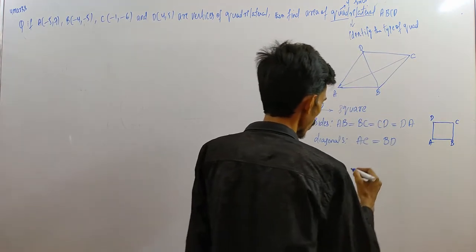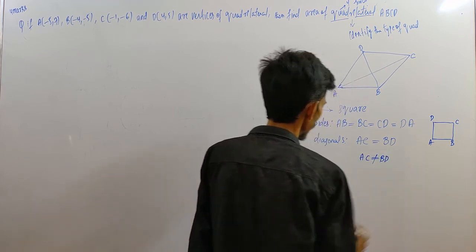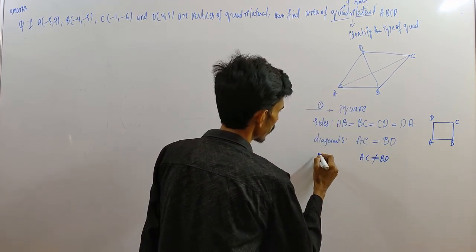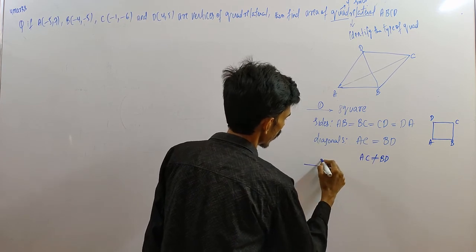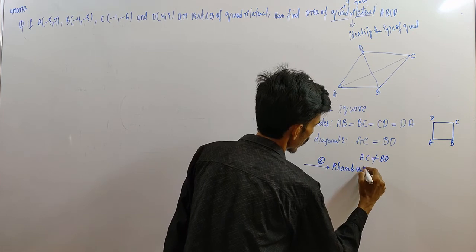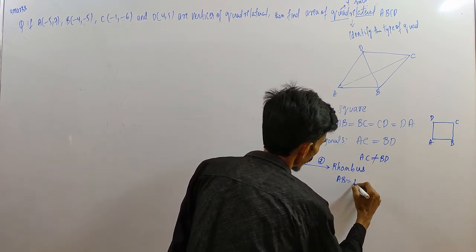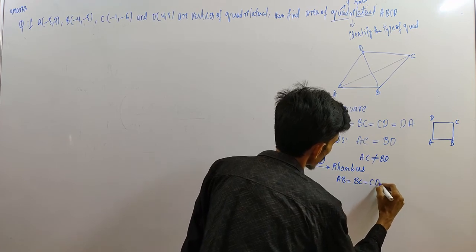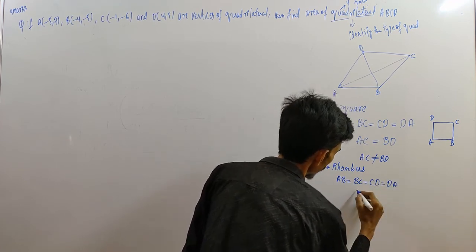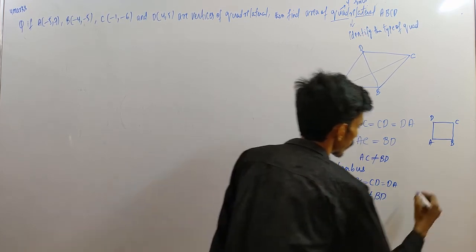If these two diagonals are not the same, AC not equal to BD, then the figure will become a rhombus. In a rhombus we have sides equal, AB equal to BC equal to CD equal to DA, and AC not equal to BD.